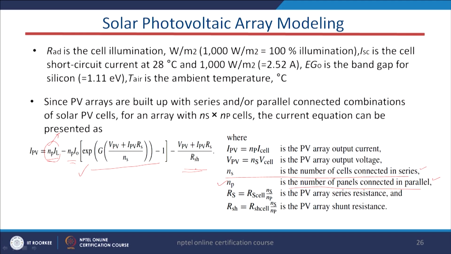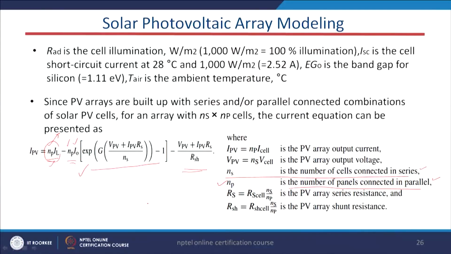Now, I just said why we multiply NP with IL. The light current is multiplied with NP and the saturation current is also multiplied with NP. The reason is, if we have a parallel circuit with a source, we have currents like I1, I2 and I3. So, the currents will be added.